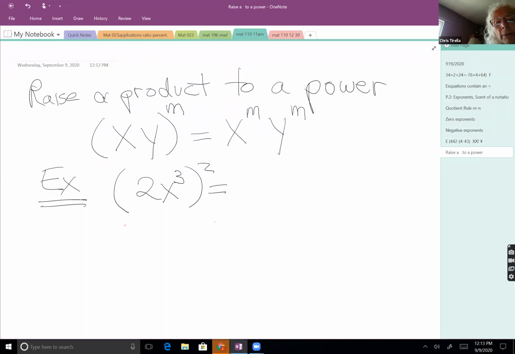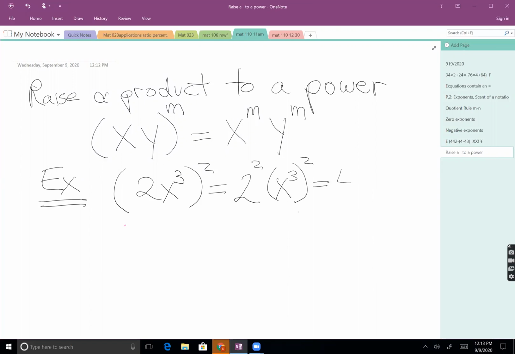This one you might be able to do in your head. The 2 is being raised to that power, and the x to the third is being raised to that power. So final answer, 2 to the second would be 4. 4 x to the third to the second. Well, if I'm raising a power to a power, I multiply those exponents and get x to the 6th.